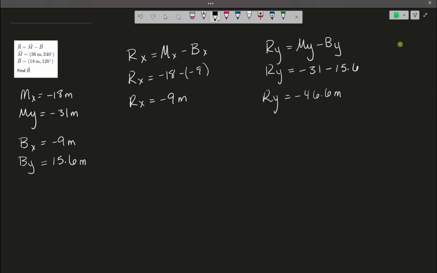I'm going to go ahead and take this back into polar coordinates because that's how it was given to us. So theta is going to be my tangent inverse of ry over rx.